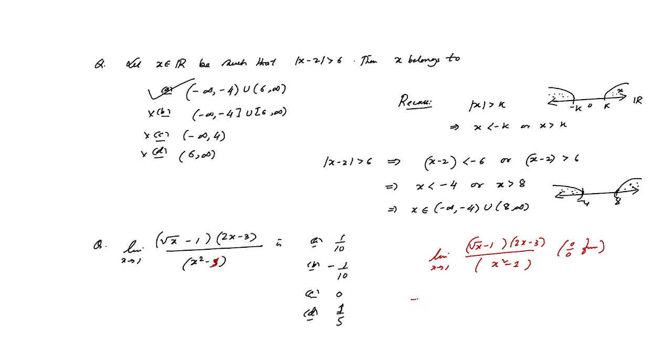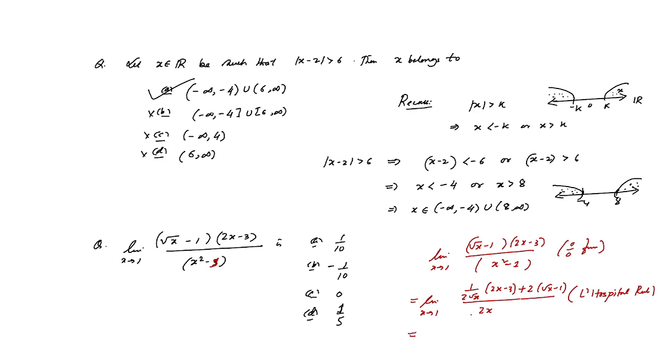So obviously we can apply L'Hopital's rule. The limit as x tends to 1 will be 1 by 2 root x into 2x minus 3, plus 2 into root x minus 1, divided by 2x.